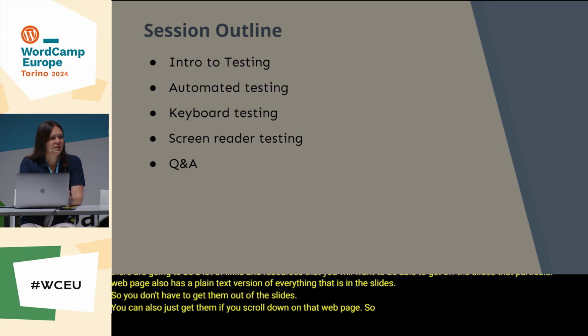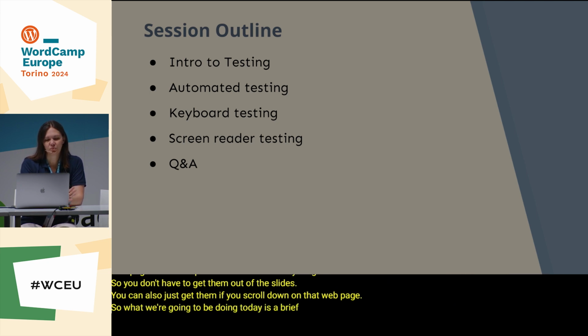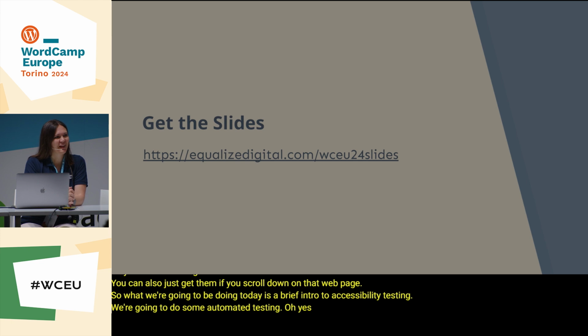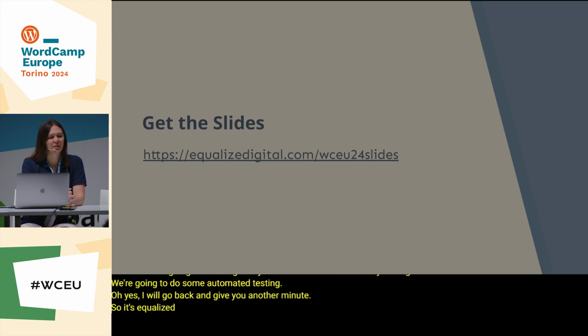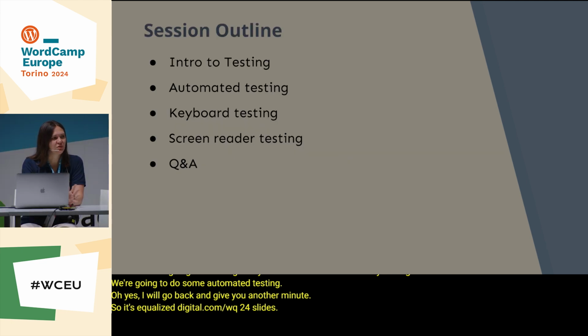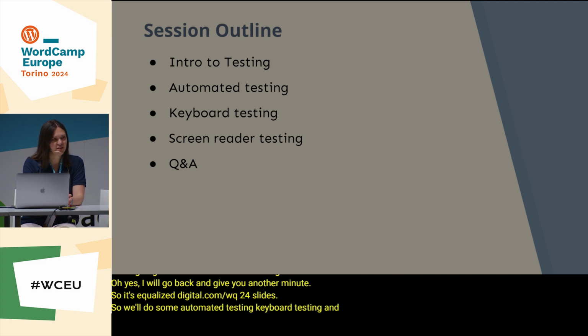So what we're going to be doing today is a brief intro to accessibility testing. We're going to do some automated testing. Oh, yes. I will go back and give you another minute. So we'll do some automated testing, keyboard testing, and screen reader testing.